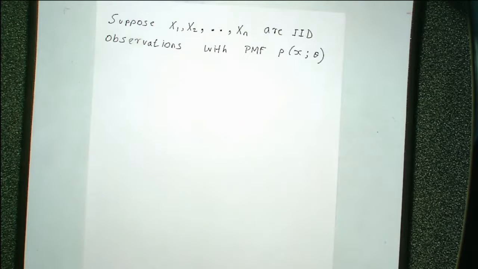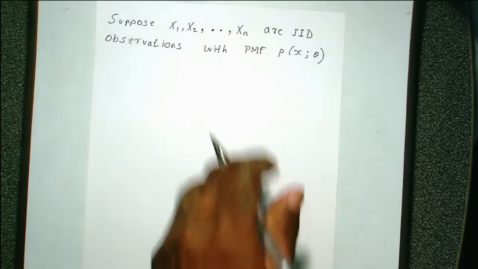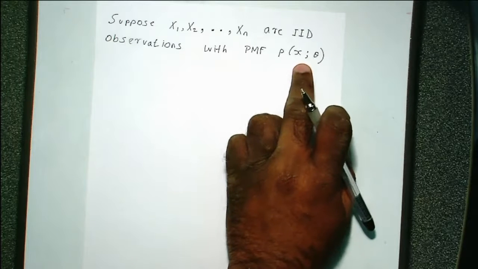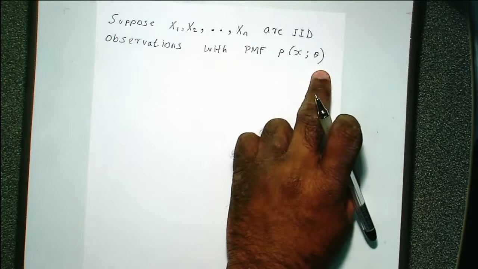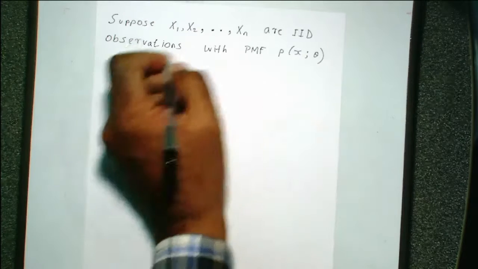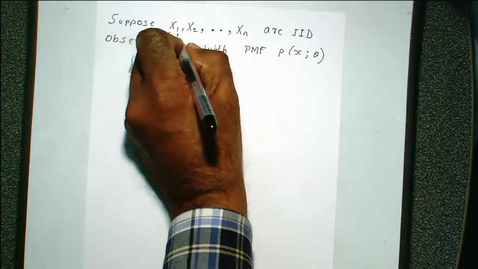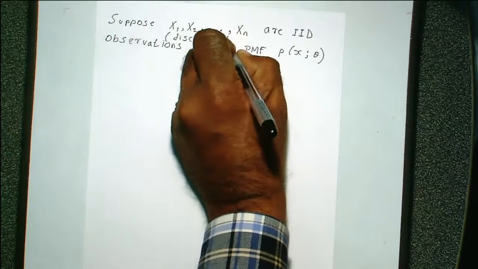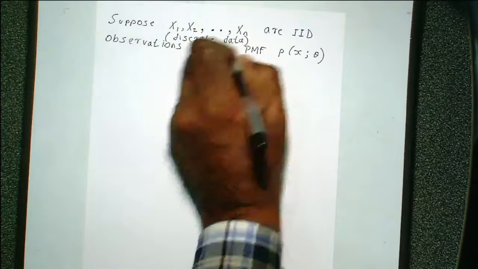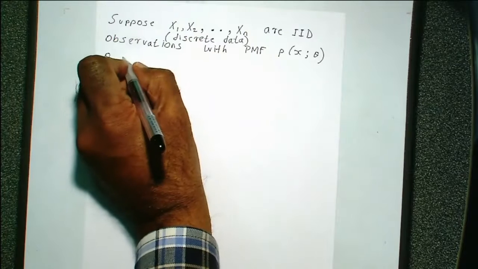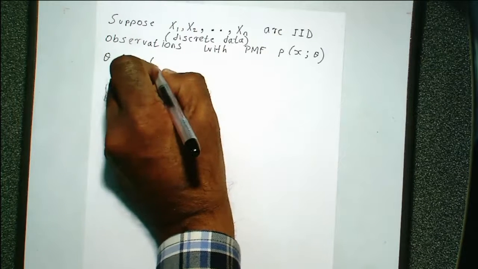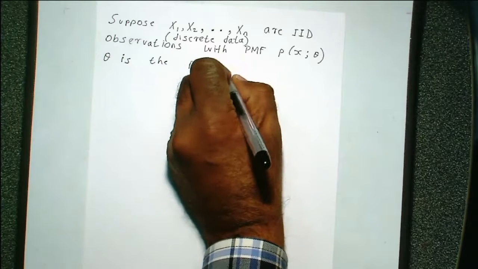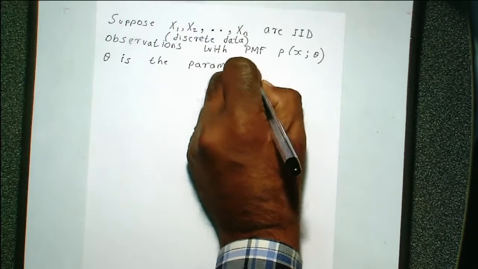Suppose you have data from a discrete distribution with PMF, probability mass function, p(x; theta). So theta is the parameter, right?